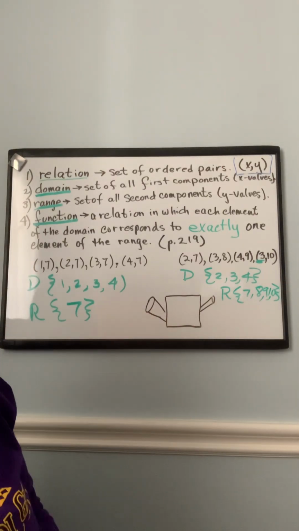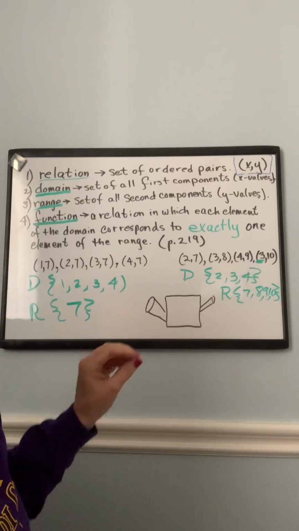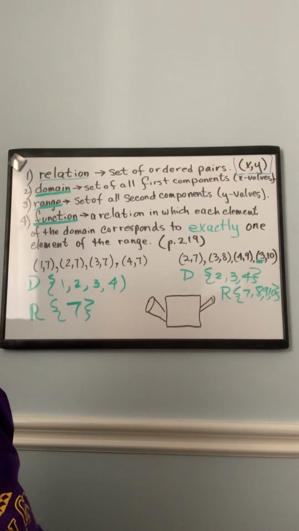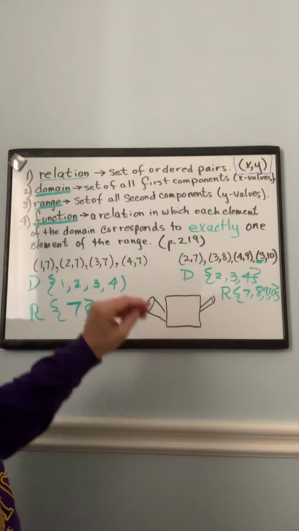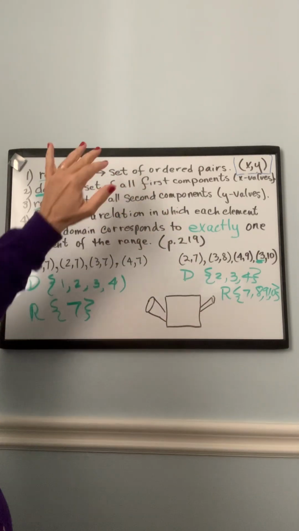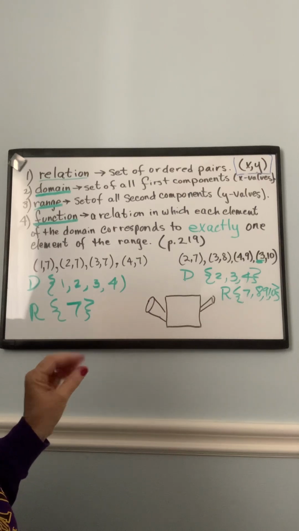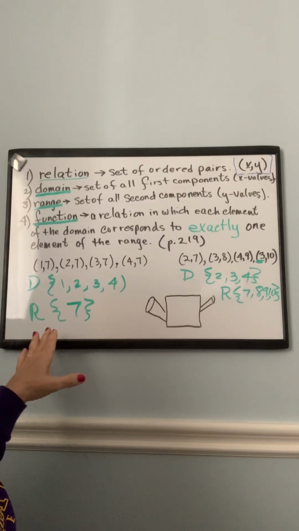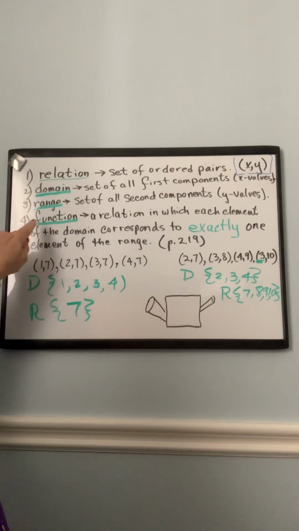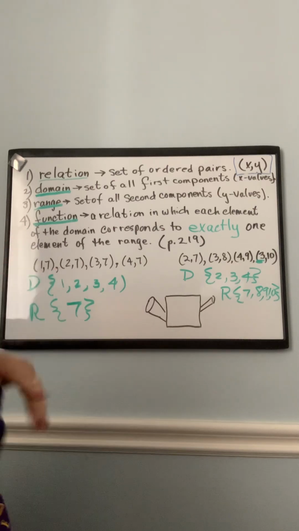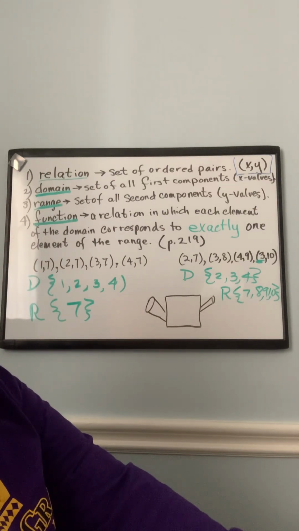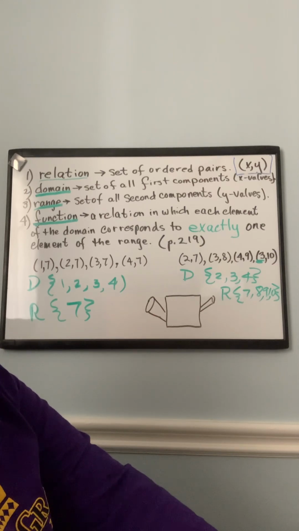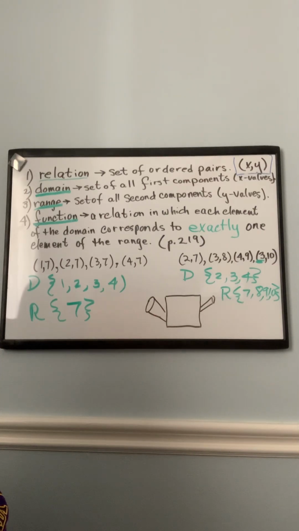Now once we have a good understanding of what represents the domain and what represents the range, then we can ask ourselves, does either of these relations represent a function? And so what we want to make sure is that the definition is satisfied, which in everyday terminology simply means that no X value is repeated with a different Y value.